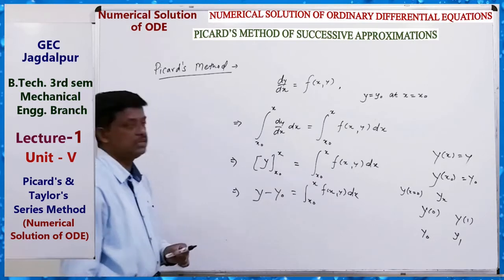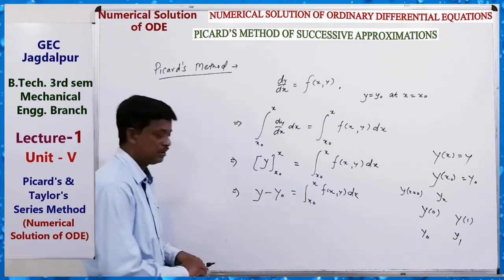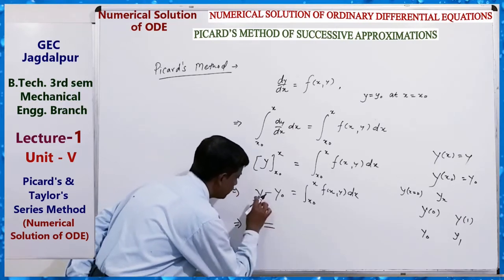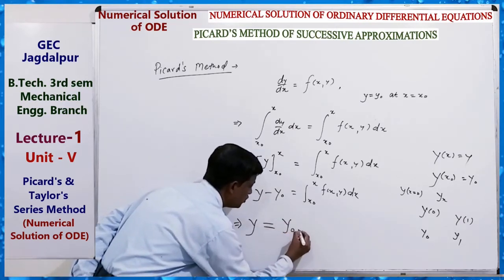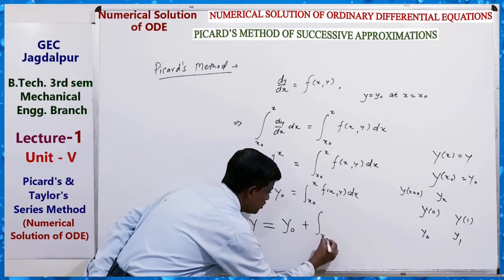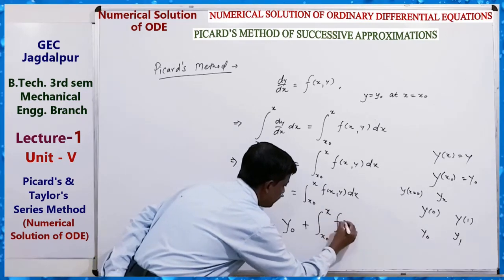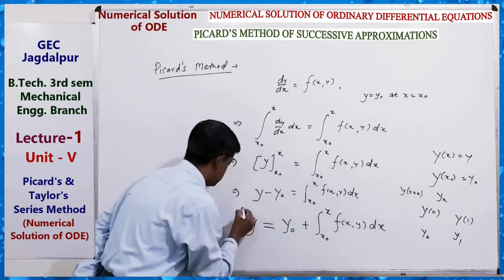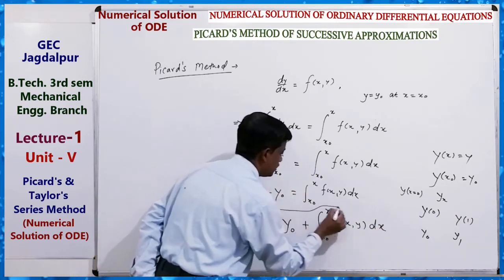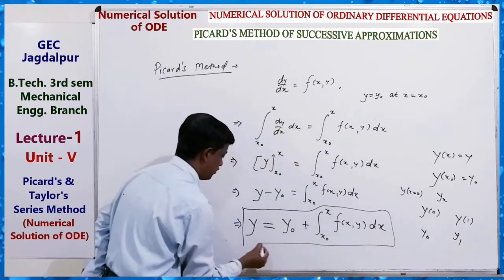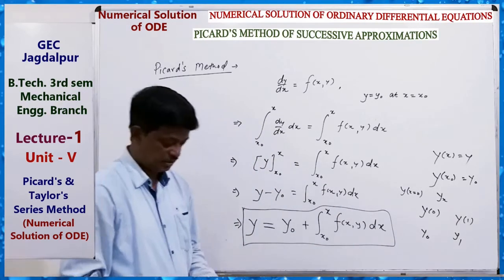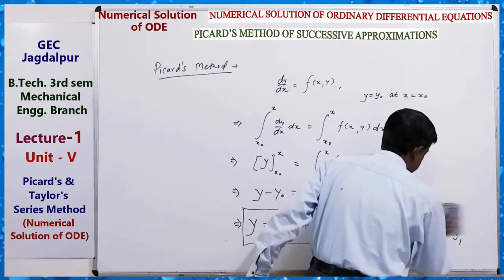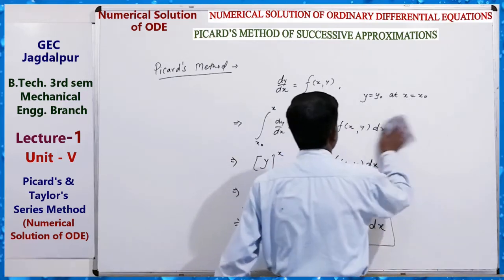From here we get the value of y equals y0 plus the integral from x0 to x of f(x, y) dx. This is our formula. By using this, how can we get the approximations one by one?